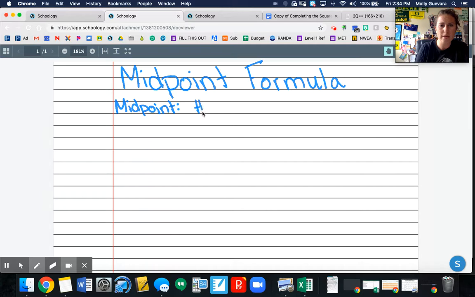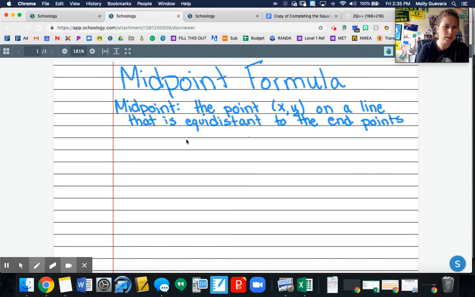It's the point, and by a point, we mean an XY coordinate, on a line that is equidistant, big word, equidistant to the endpoints of the line.